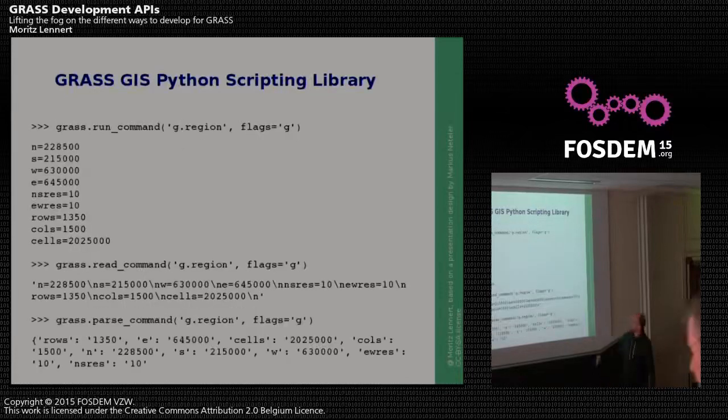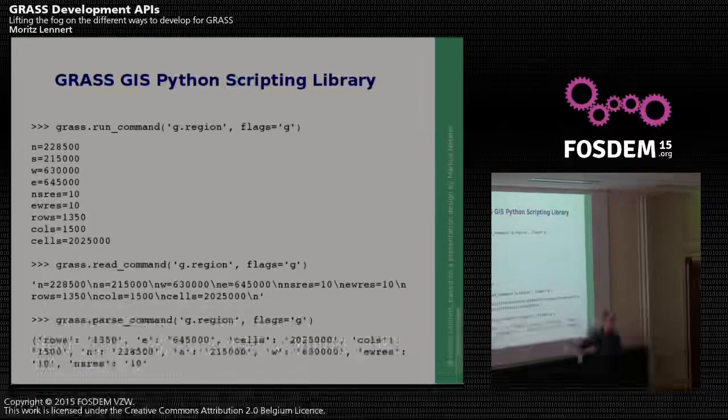So some examples here. You have the basic system call, run command. Just call the command and it puts out to standard output whatever it puts out. But you can do the same and get out a string separated line by line, which you can then treat, for example, with split lines or whatever functions you use in Python to do that.